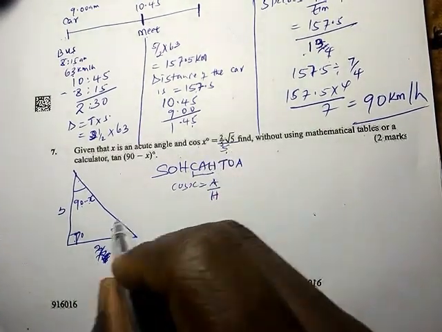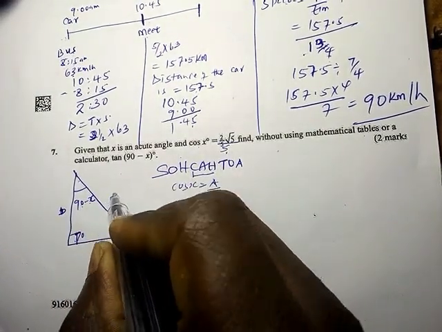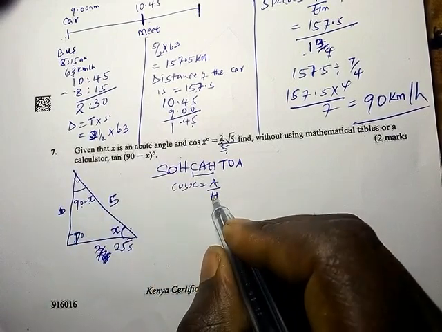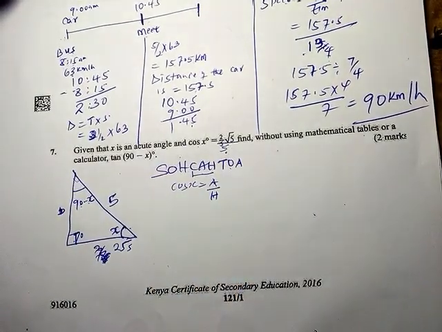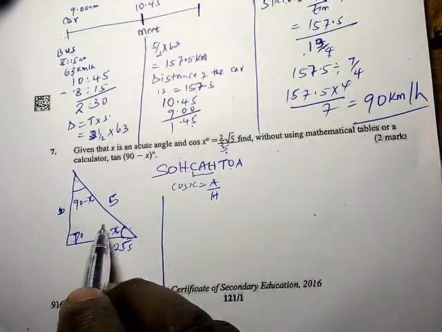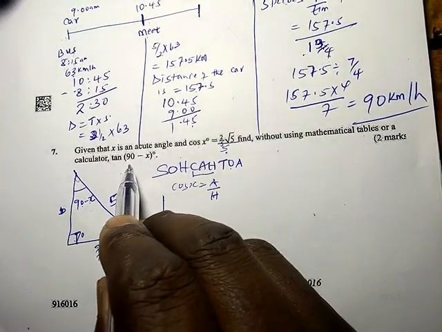The hypotenuse is this one, that is 5. Right?